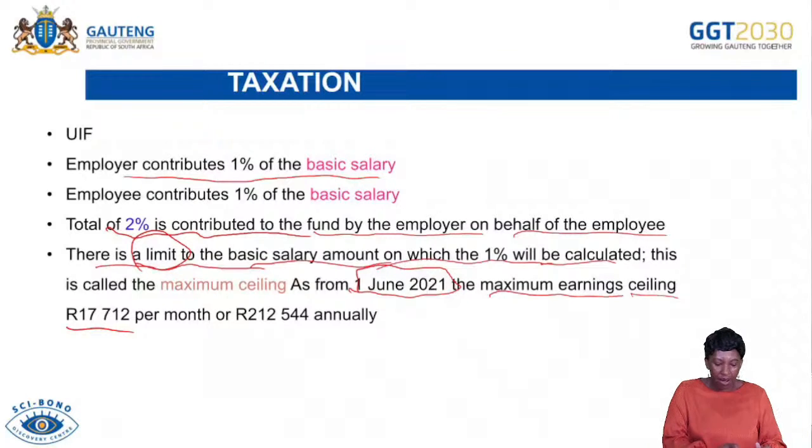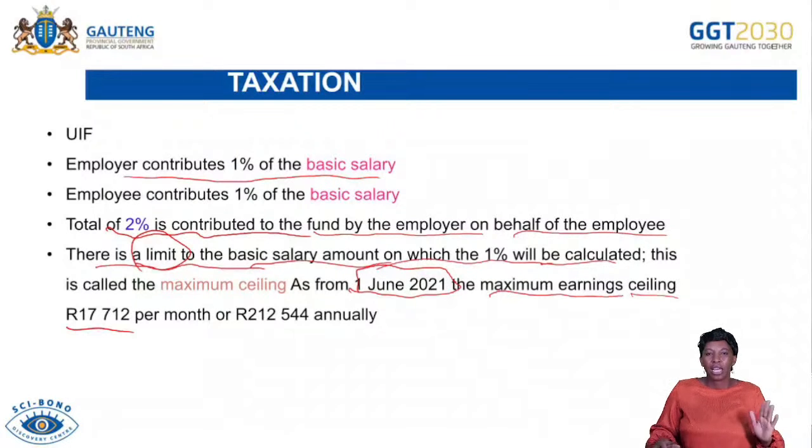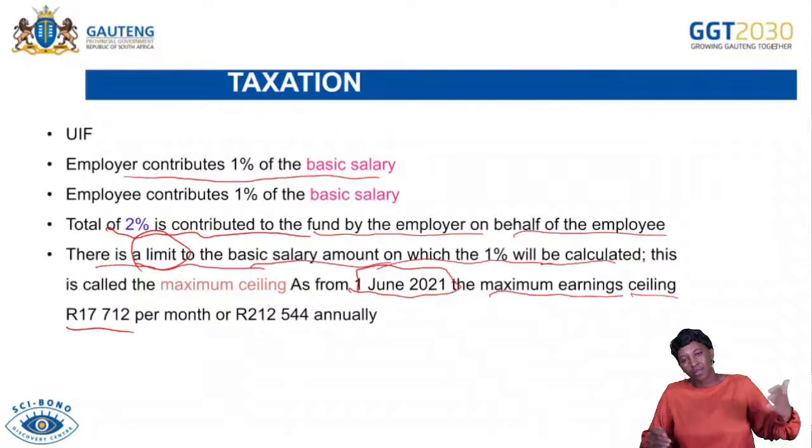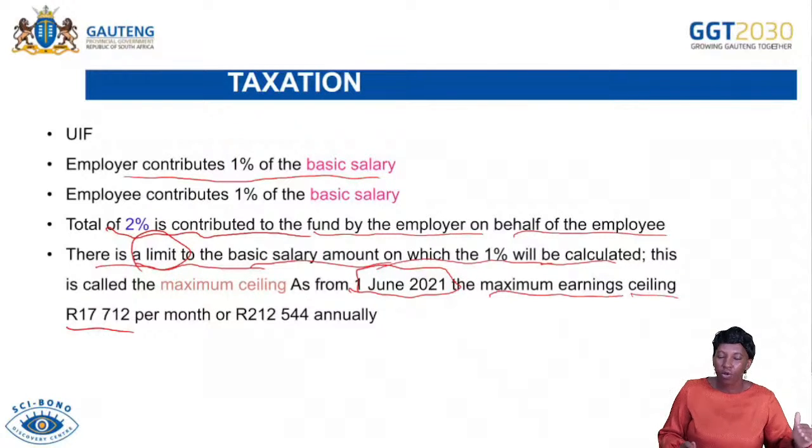Meaning, if I am earning 17,712, or I am earning 22,400, they won't take 1% of 22,770, but the employer will only take 1% of 17,000. So if I'm earning 22,000, they will say, okay, we'll only contribute towards UIF on 17,712. That's where we are ending.